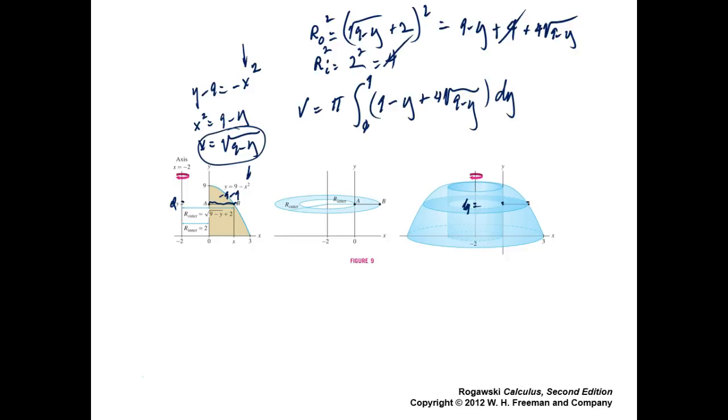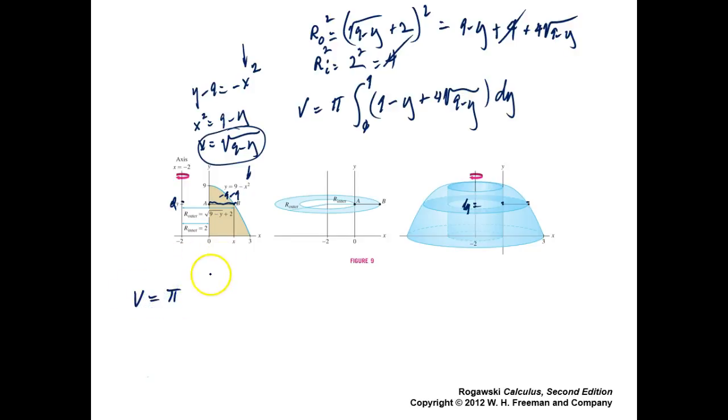I'm not sure I like this disk method very well, do you? It works. But how are we going to do that? Say again? Change the 4 times square root of 9 minus y to 9 minus y to the 1/2. Okay, yeah, I'll definitely do that. But here's the other thing I suggest.